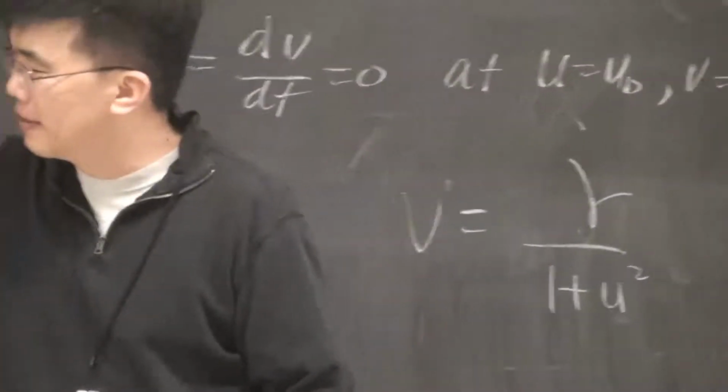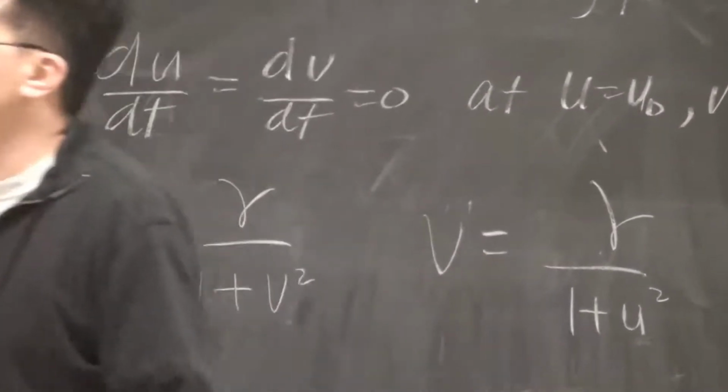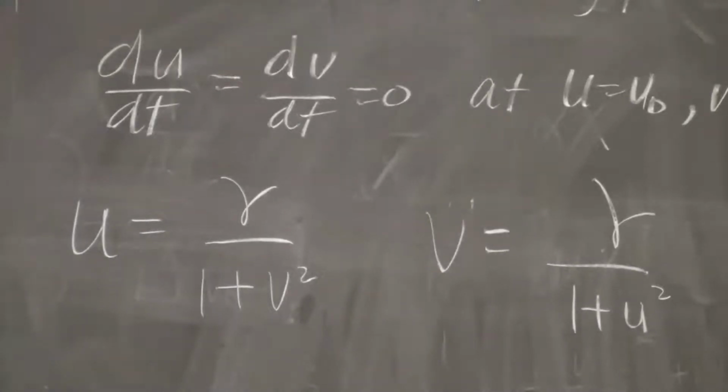Because this is 0 and that is also 0. So let's try to solve it just graphically.